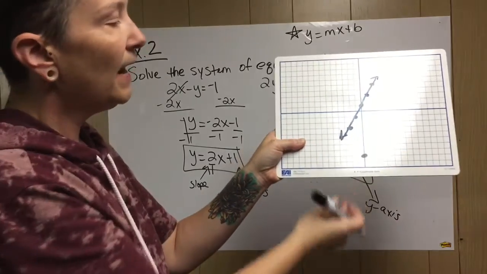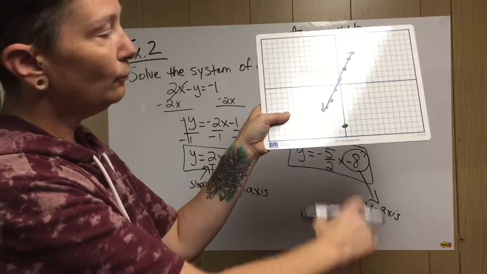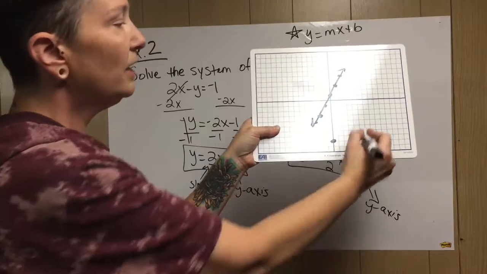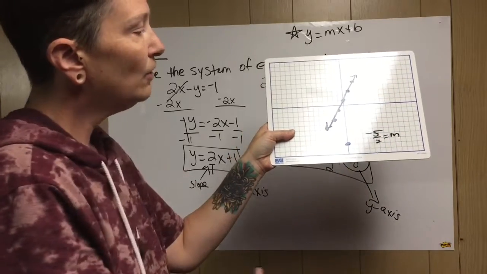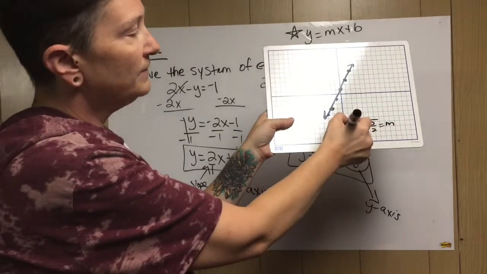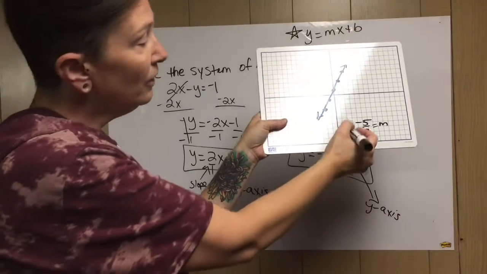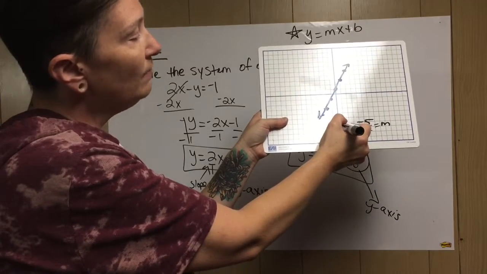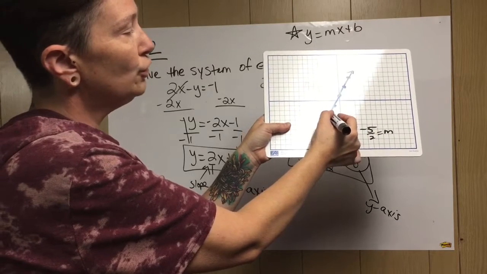Now, you can see that I'm going to run out of room on my grid. So my -5 halves is my slope. I could drop down 5 and come off the graph, but I can also go up 5, 1, 2, 3, 4, 5, and then right 1, 2.